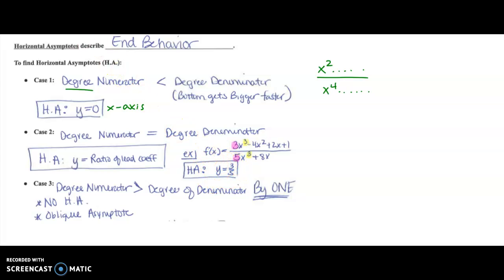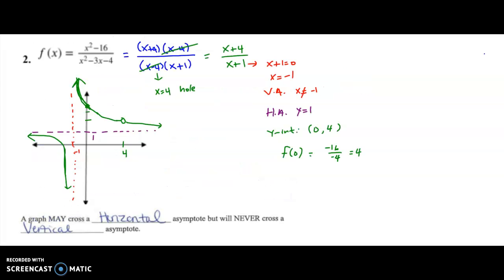In the previous example, remember we said it was y equals 1? That's because we had degrees that were the same, both 2. And what were those leading coefficients? It was 1 and 1. So 1 over 1 is just 1. That's why the horizontal asymptote was at y equals 1.